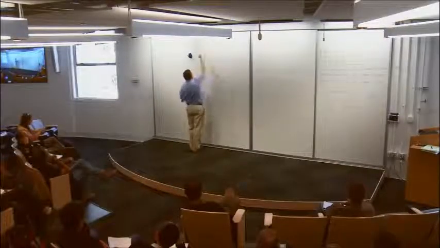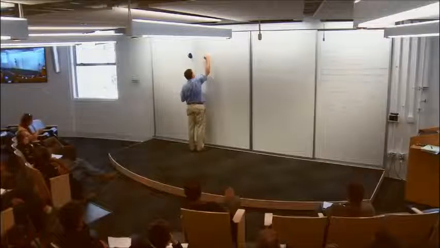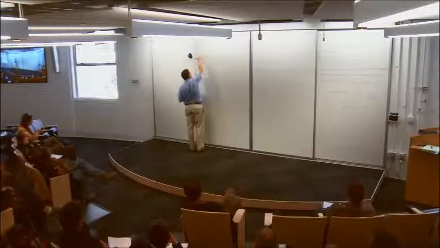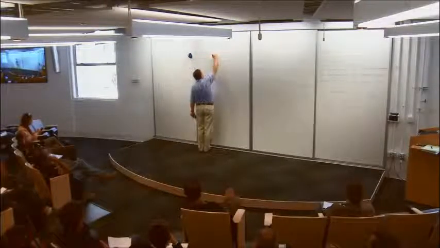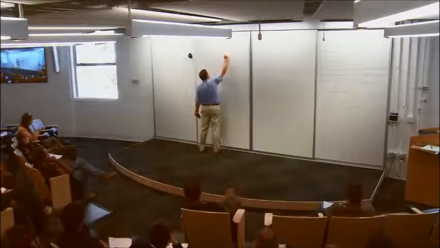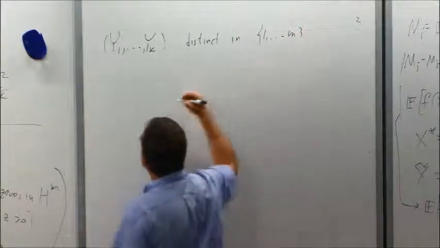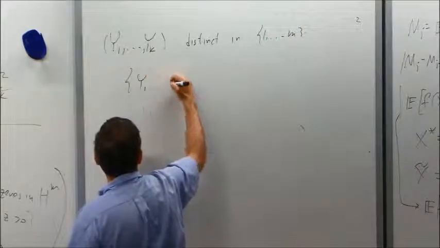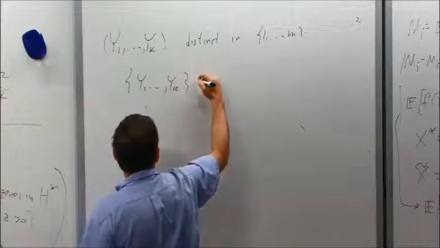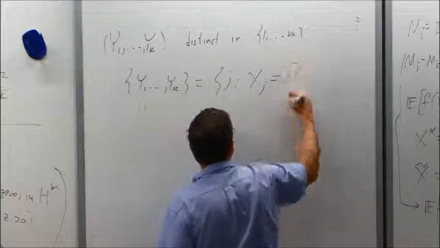In other words, in the general setting I can have a vector y1 up to yk. These are distinct elements of 1 to m, and in fact, the set y1 up to yk will be exactly the set of indices j where x_j equals 1.